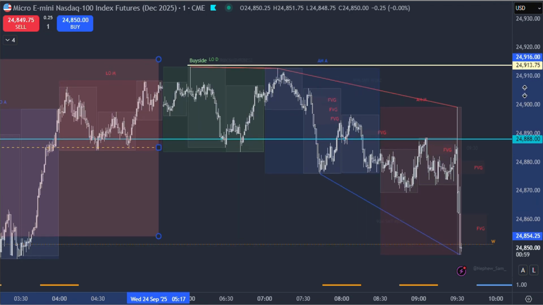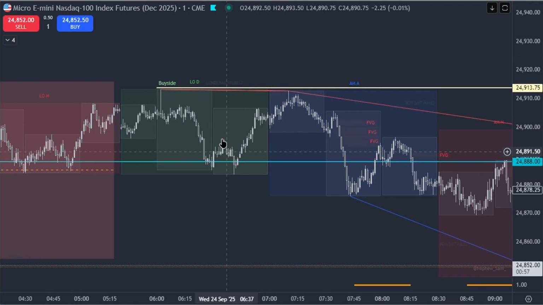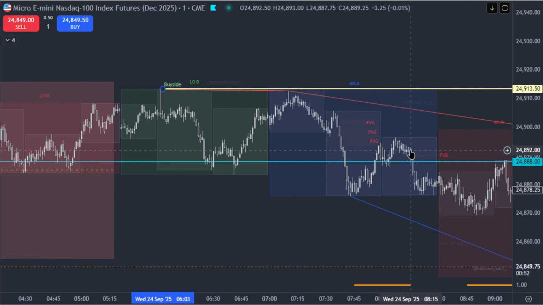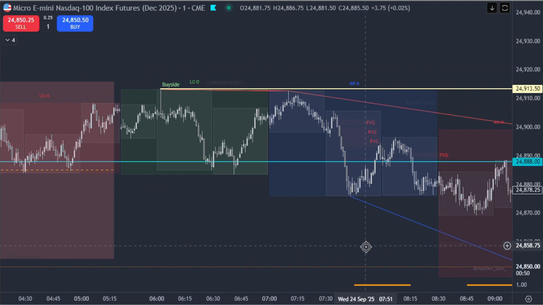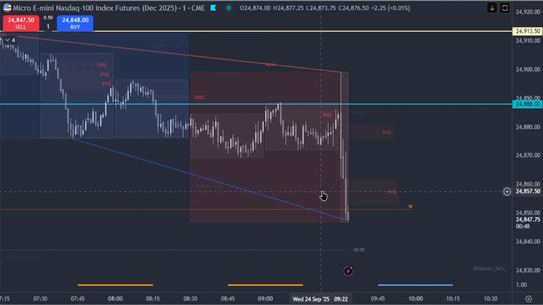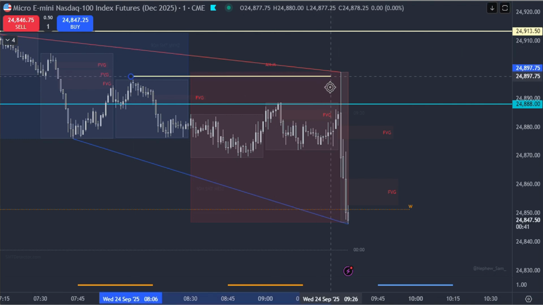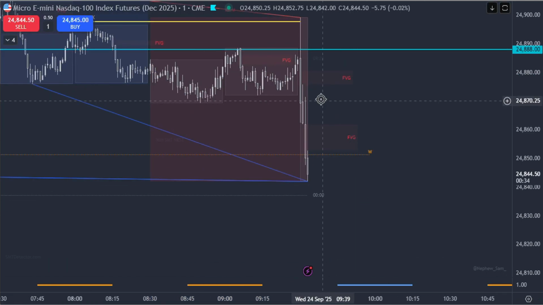Let me zoom in here. All right. So this, you see how we purge all of this? All of this was already purged, right? This here is CSD.